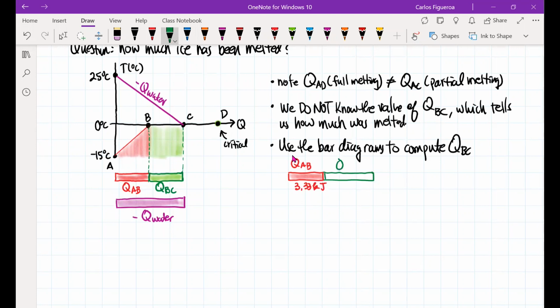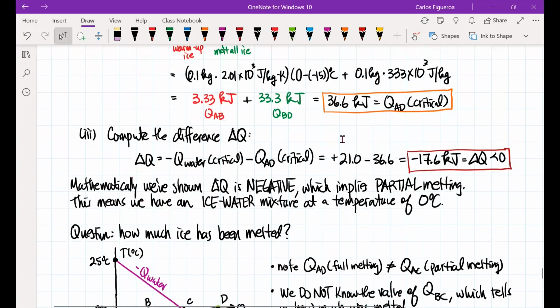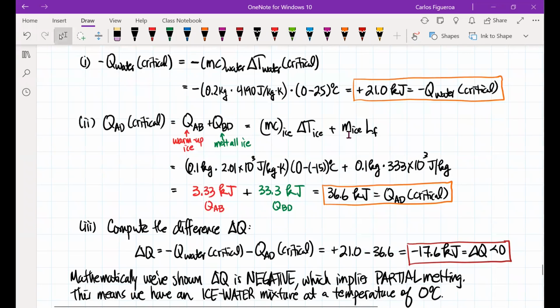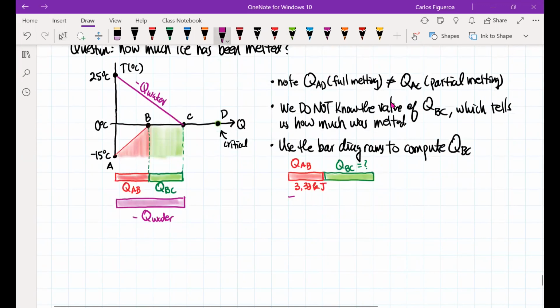But now we have this other bar. And this is QBC, which we do not know what it is. But we know how much there is for water. We've computed the water. And it turns out it's the critical point of this water here, which is what? Look at the critical point. The critical point of water is 21 kilojoules. So check this out.